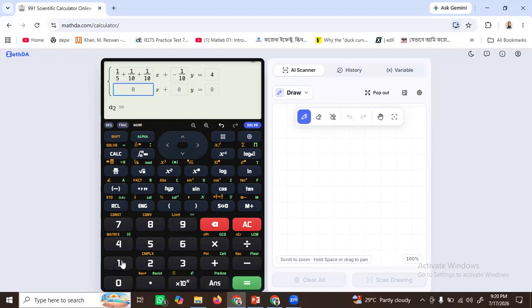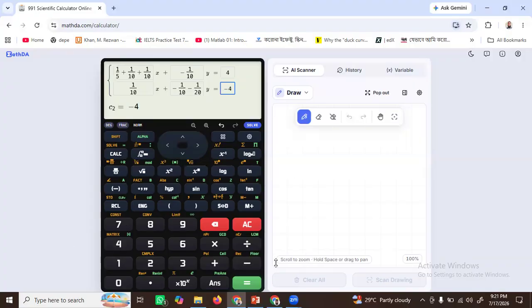For V1 it will simply be 1 over 10, and for V2 minus 1 over 10 equal to minus 1 over 10. And in that part, I made a mistake over there, it will be 20. And here it will be minus 4.